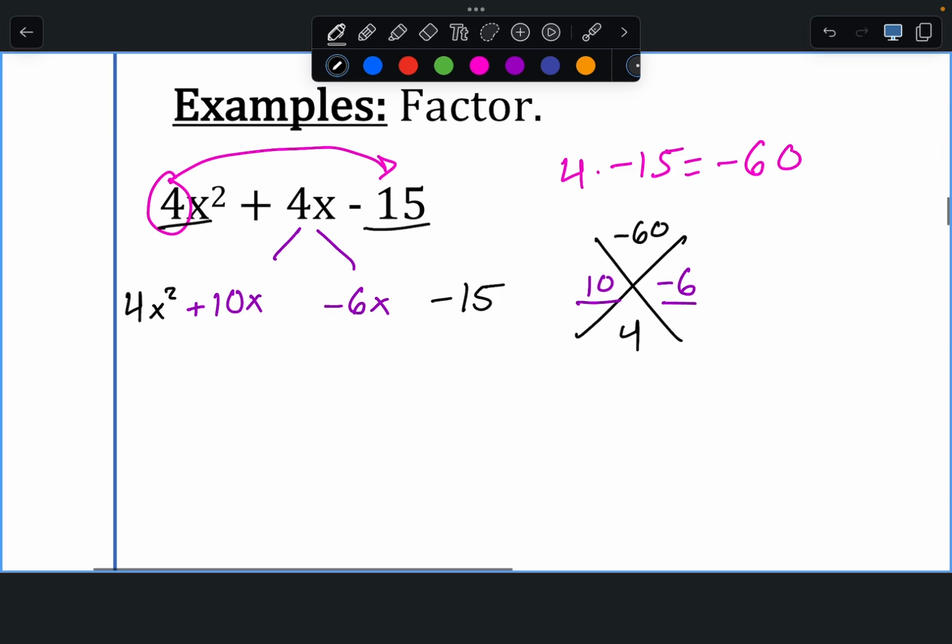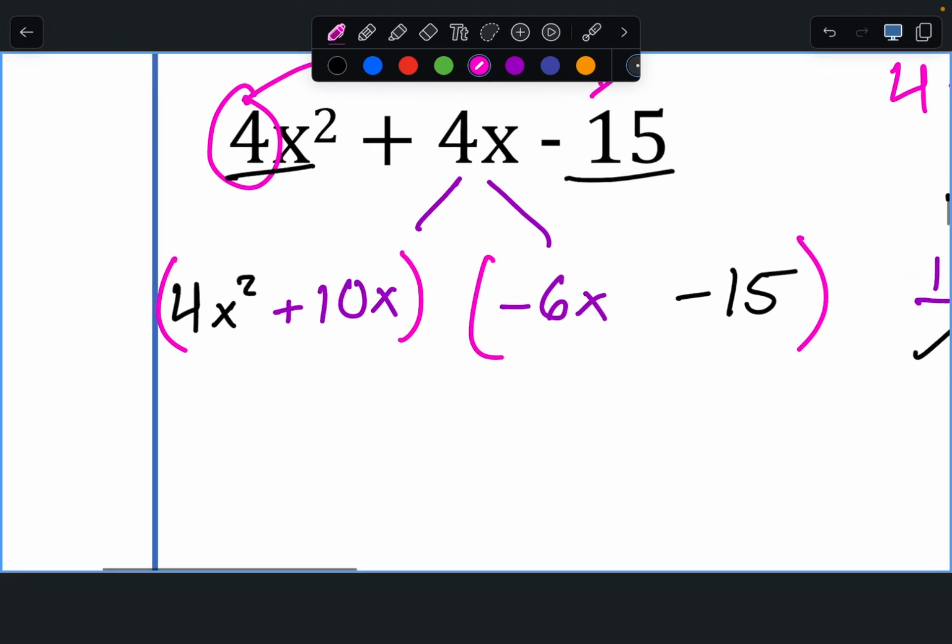So now I'm going to factor by grouping. I'm going to group my first 2 and I'm going to group my last 2. When I look at my first set of parentheses, what can I take out of 4x squared and 10x? x, what else? 2, right?